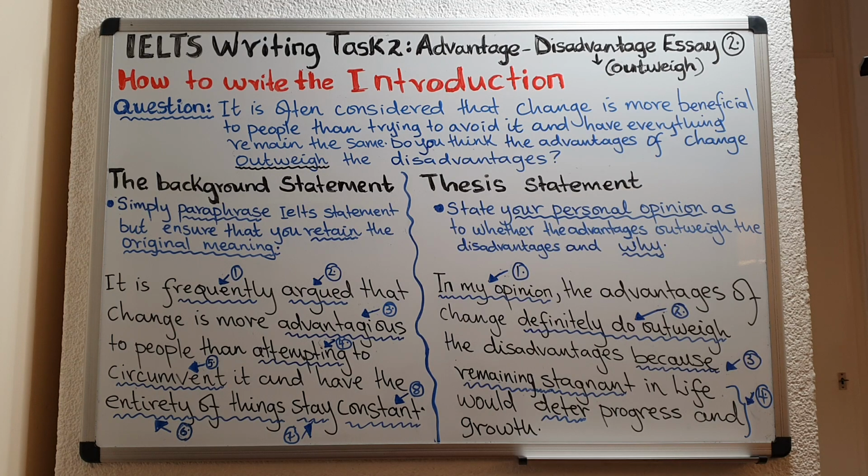So I have just 2 sentences, one for my background statement and the second one is for my thesis statement. All you have to remember is the structure, how to write it. Remember, with the background statement, you're simply paraphrasing the IELTS statement. And when it comes to the thesis statement, you are stating your personal opinion and why. And you have the structure of how to do that. Follow the 4 points. 1, in my opinion. 2, state your opinion. 3, write the linking word because. And 4, give your overall reason.